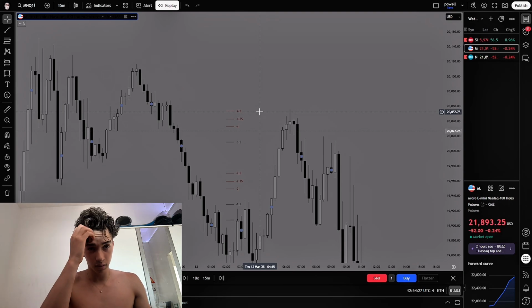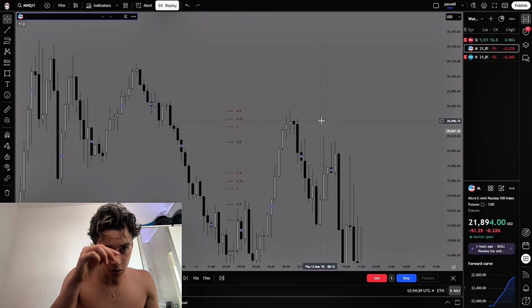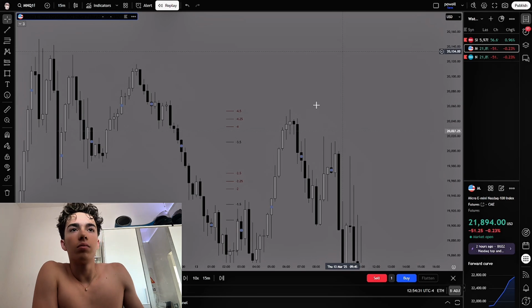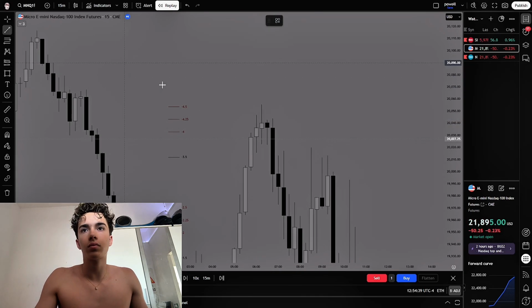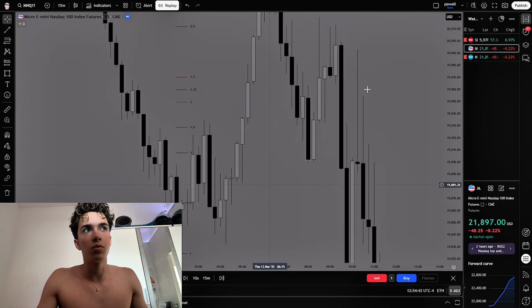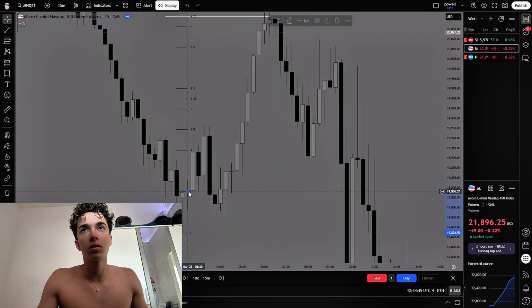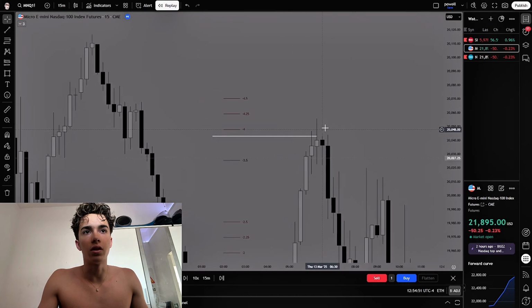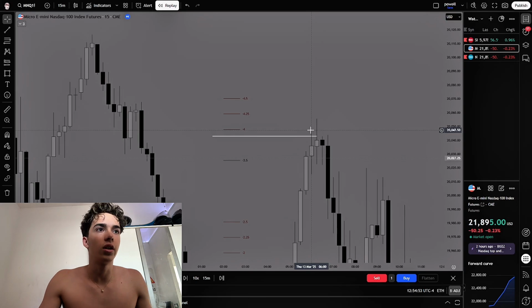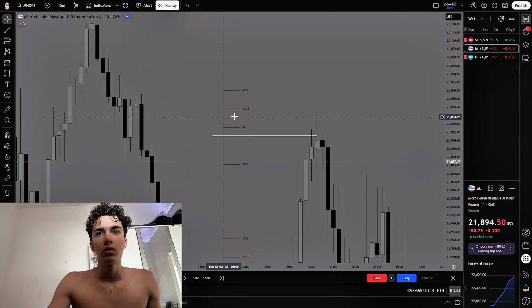Basically, the minus 4.25 level, we see we touched it, but even if it was like this, so we didn't actually touch it, the engineered liquidity, it's good.